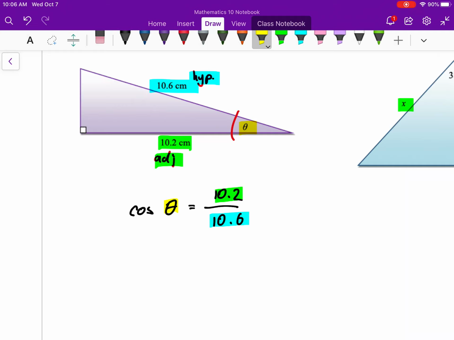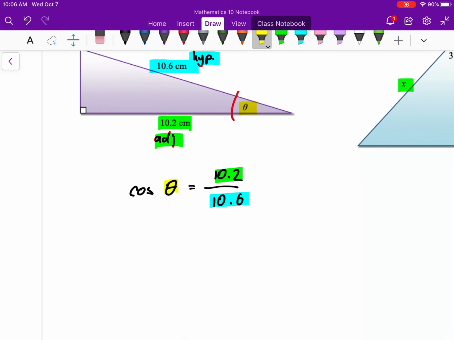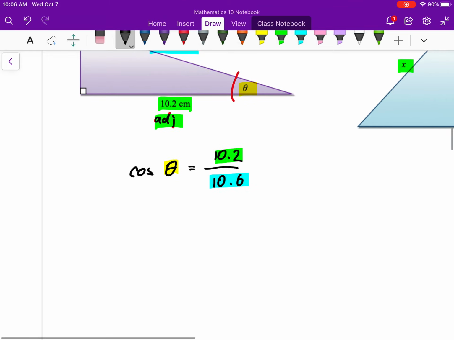I could take 10.2 and divide by 10.6 and get some decimal a little bit less than 1, but why bother doing that when I'm going to go to my calculator anyway? So I just want to find the inverse cos of 10.2 divided by 10.6, and that will tell me theta.